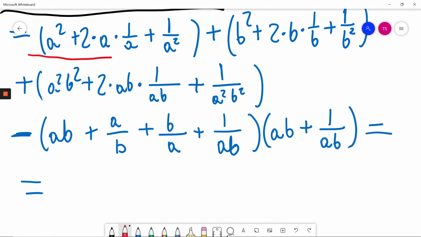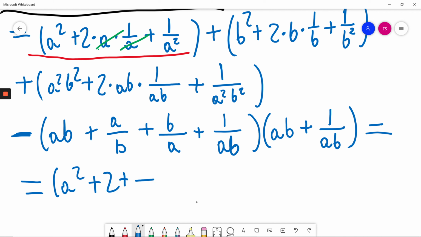I will simplify this bracket. I will have a squared, that a divided by a will be just 1, so this will be just plus 2 plus 1 divided by a squared. I will leave it in bracket. Plus second bracket, similarly b divided by b, this will be just 1.